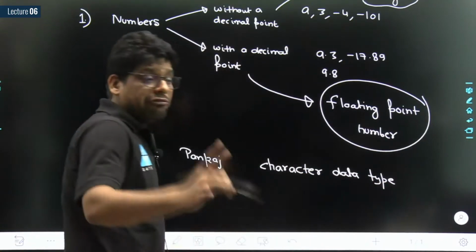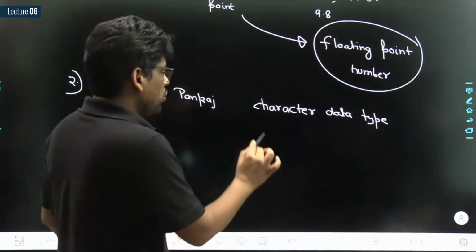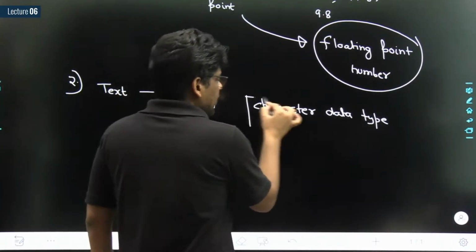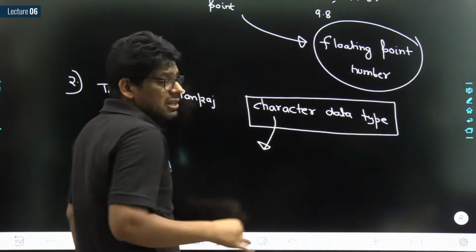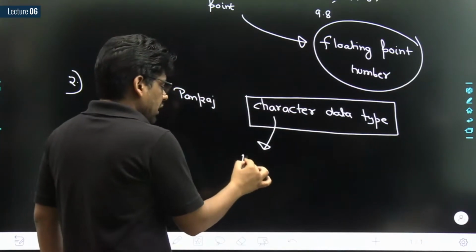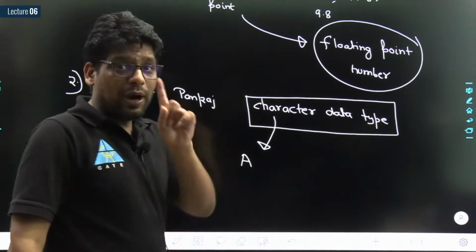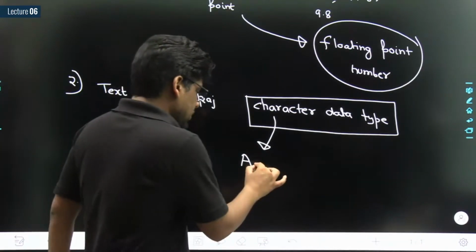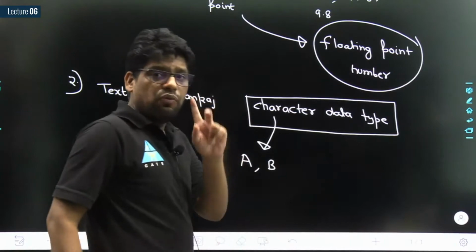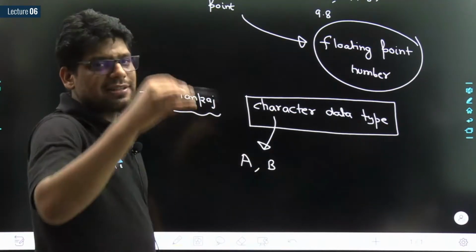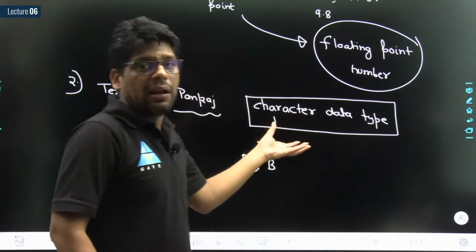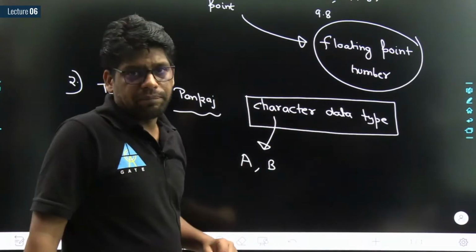That can hold one symbol. Sir, what is a symbol? For example, if I ask you, A, what is A? One symbol. What is B? Again one symbol. But here it is 6 symbols. We will discuss later how a character data type can hold a sequence of symbols.